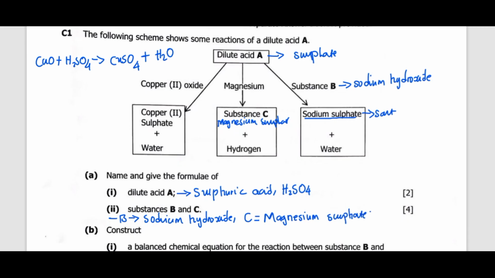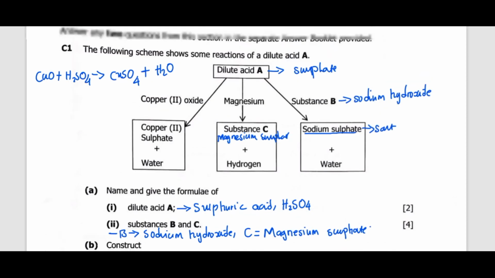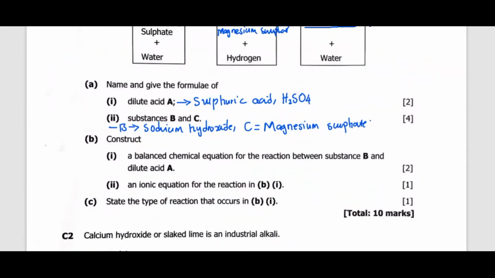Okay, so now let's move on to question B. Construct, Roman number 1, a balanced chemical equation for the reaction between substance B and dilute A. So we know that substance B, we said, is sodium hydroxide.